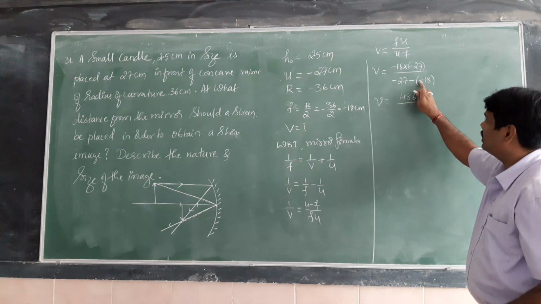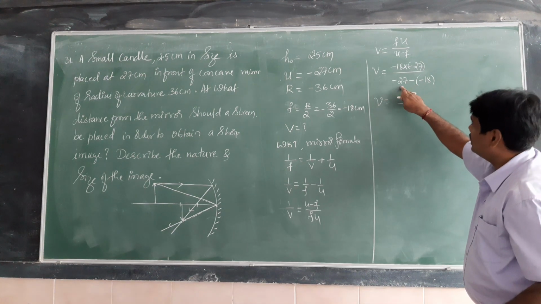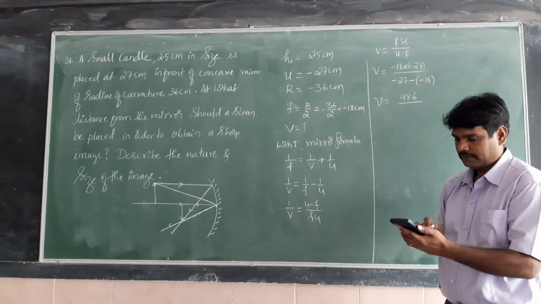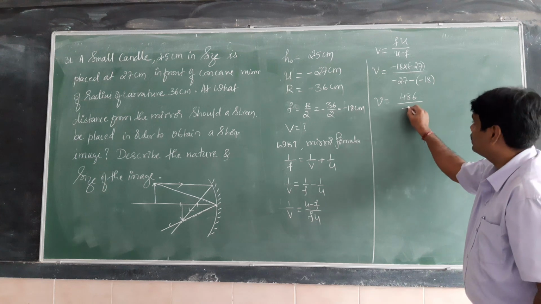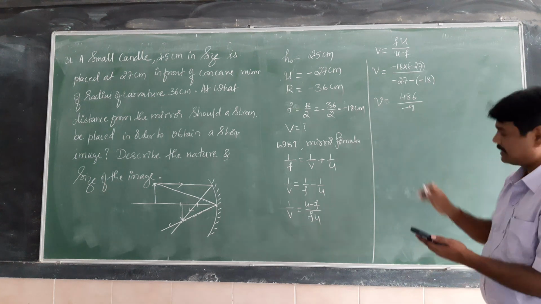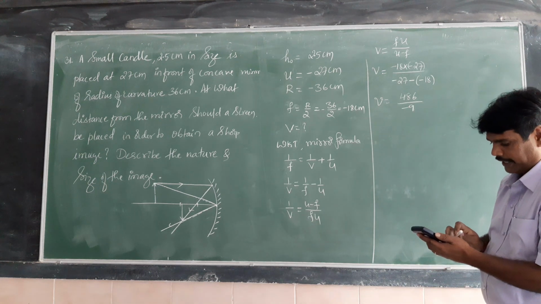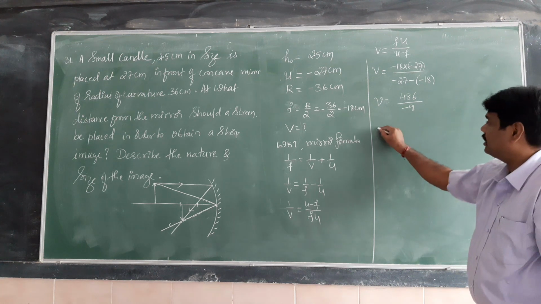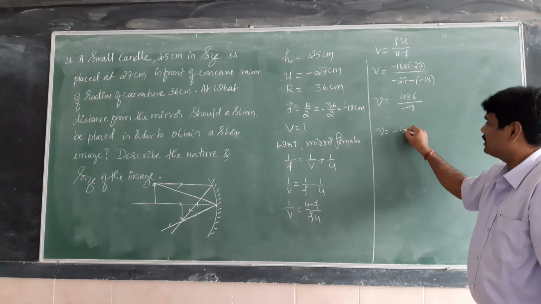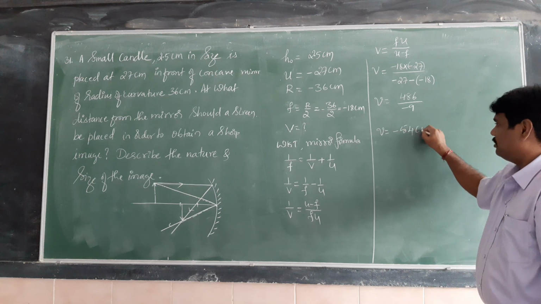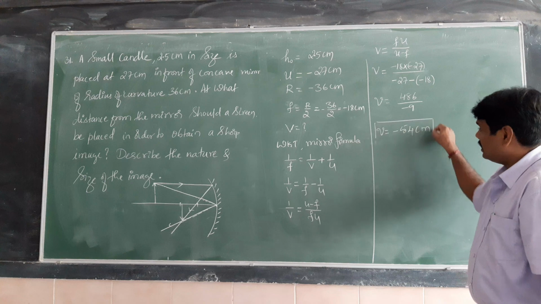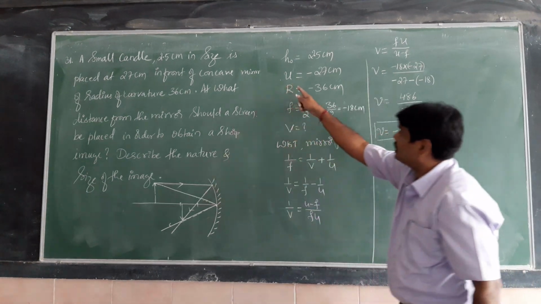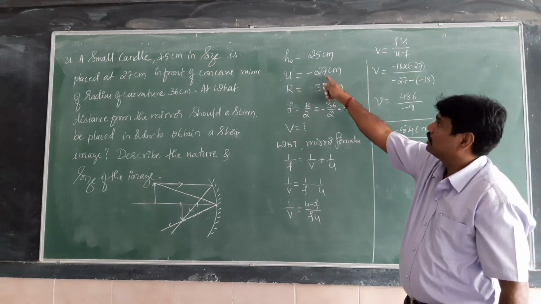In the denominator, minus 27 plus 18, so it is minus 9. 486 divided by 9 is exactly 54. It is minus 54 centimeter. At minus 54 centimeter, the image is formed if an object is placed at a distance of 27 centimeter.